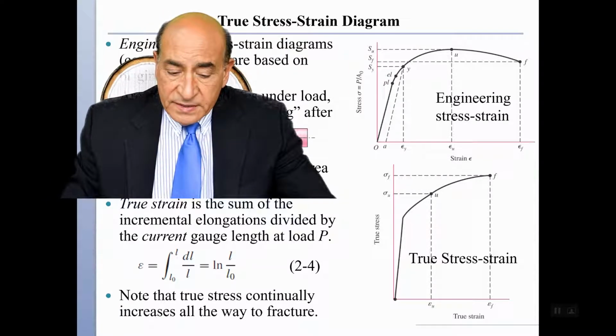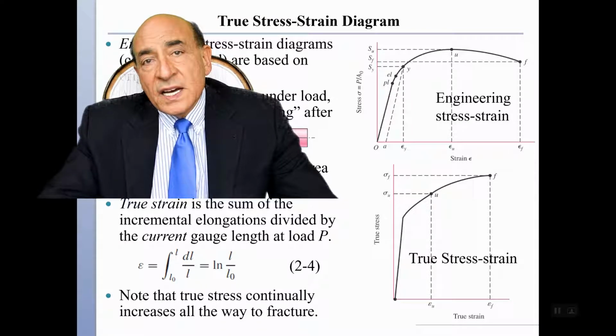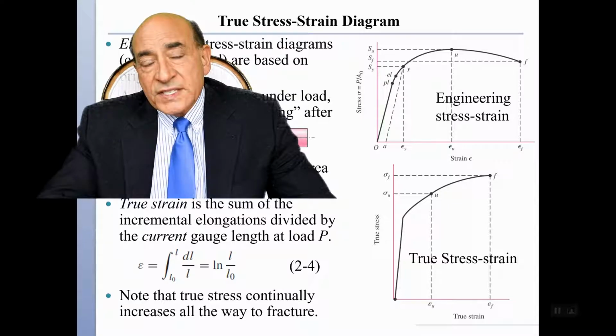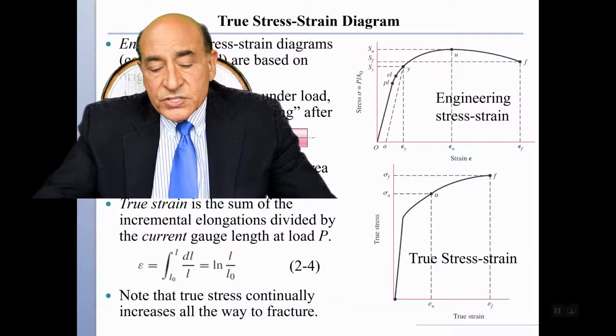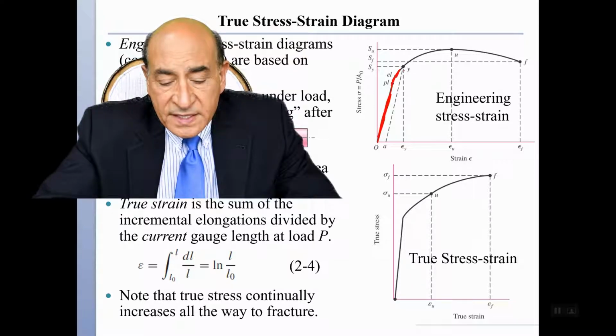So beyond that point, I'm going to now see how we would obtain the true stress strain curve, taking into account changes in the geometry of the material. So the engineering stress strain curve has a linear part, a little bit nonlinear, but still elastic, yield point, ultimate point, and then fracture.